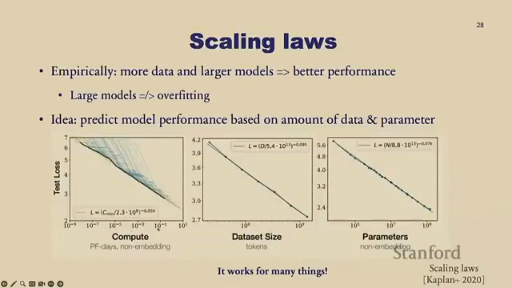And if you put these two on log scale, then you see that the scaling law is linear. That means that if you increase your compute by a certain amount, you can say by how much your test loss will actually decrease. Same thing with data, and same thing for parameters. If you increase the data set size, your loss will decrease by an amount that is somewhat predictable.